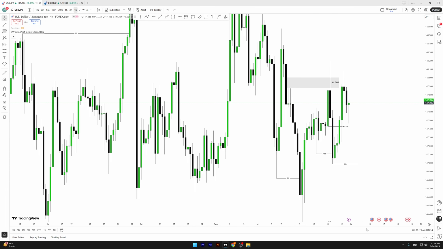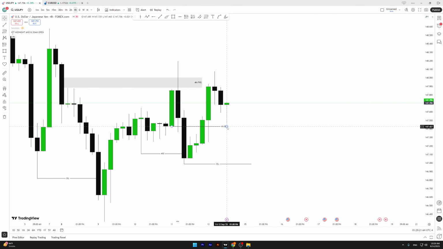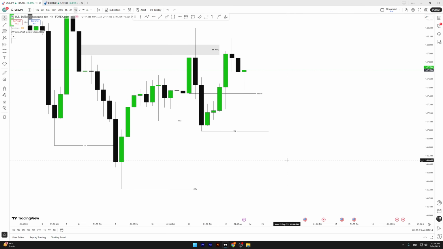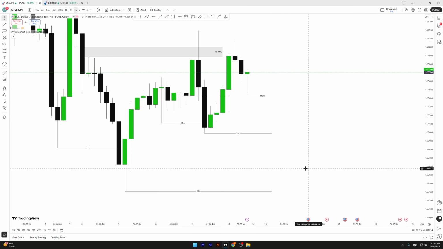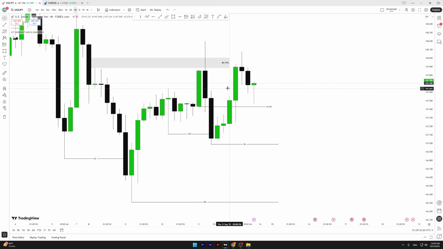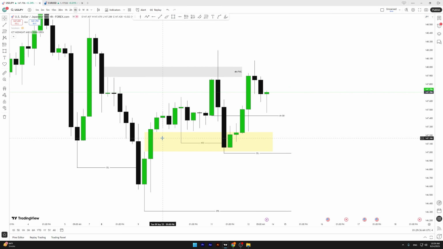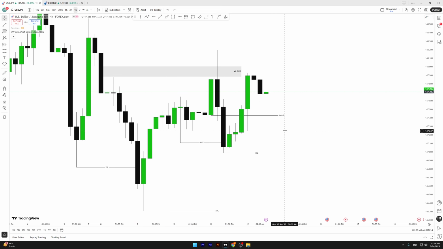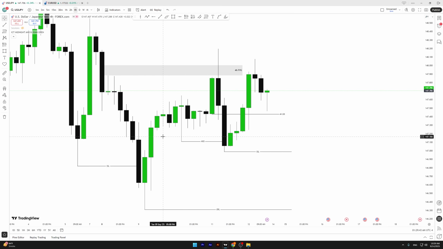I pointed attention to this bearish order block on my Twitter account, and my target was this ERL. So I don't know why price didn't achieve this target. Maybe the reason is that there was a strong FVG and I didn't take notice of it. So this was the reason, because this was a strong FVG that price created.